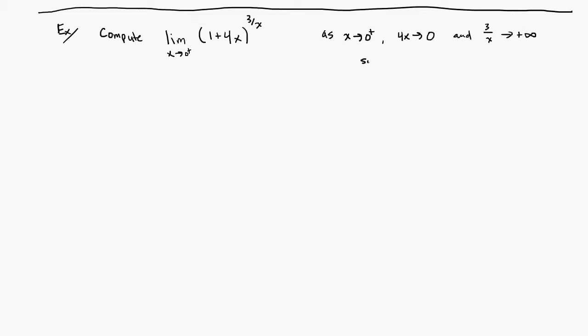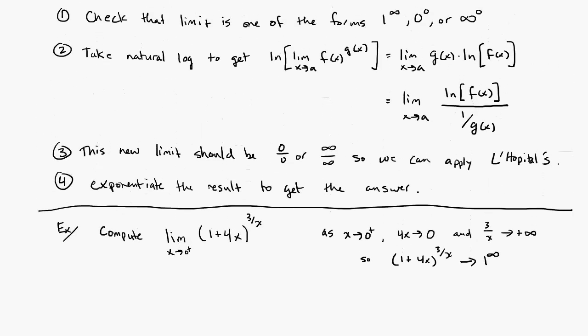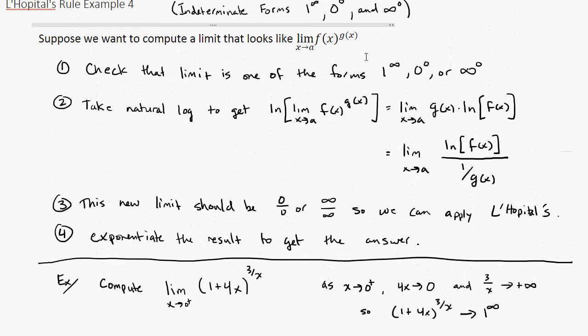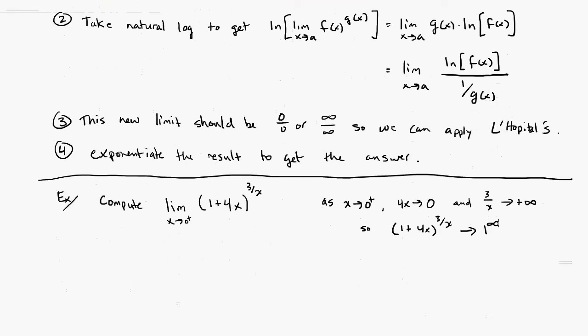So in 1 plus 4x to the 3 over x, inside the parentheses goes to 1, and 3 over x goes to infinity. So this is of the form 1 to the infinity, exactly this form here, so we can apply this procedure.